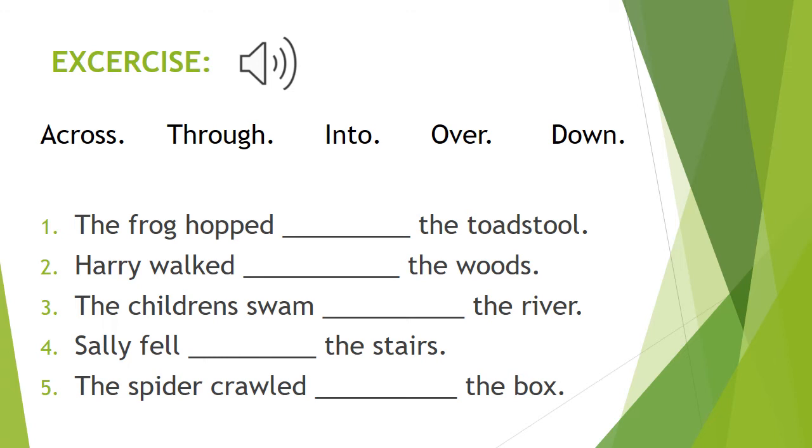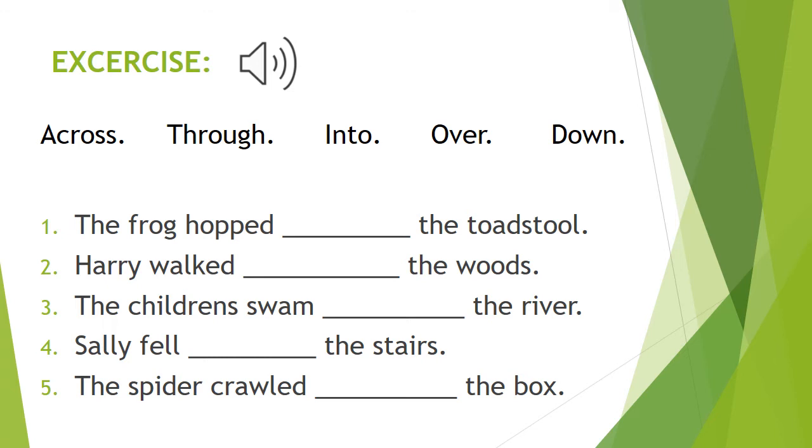Across means to go from one side of something to the opposite side of something. For example, Mary was able to swim across the river. Through. Through means from one side to other or from beginning to end.